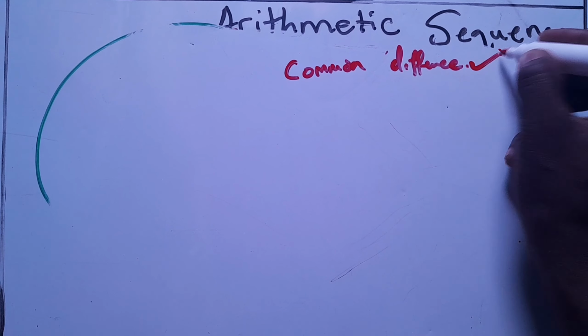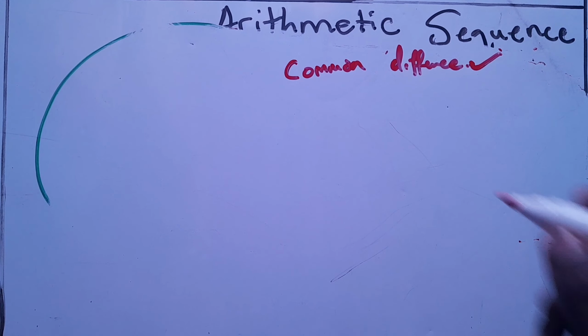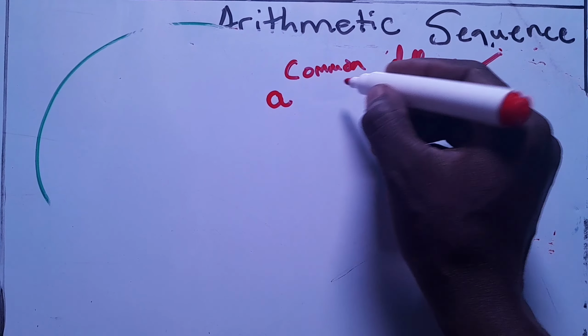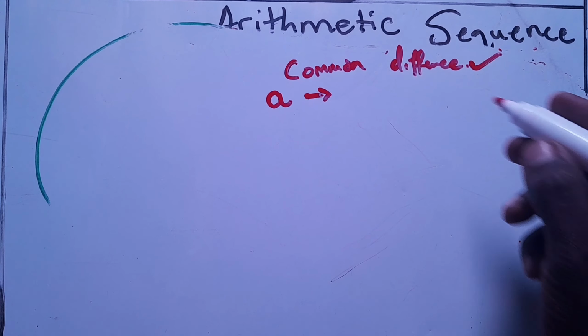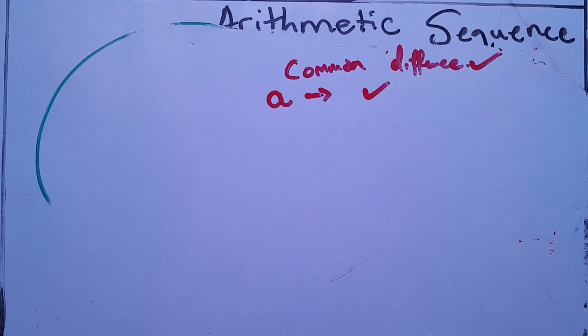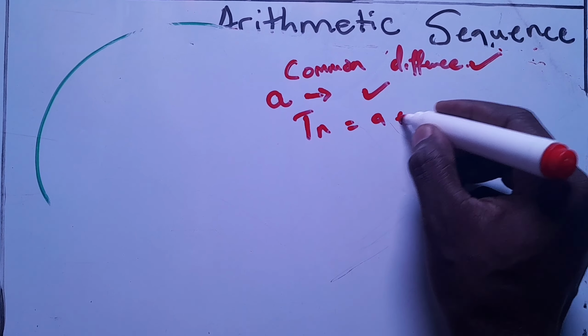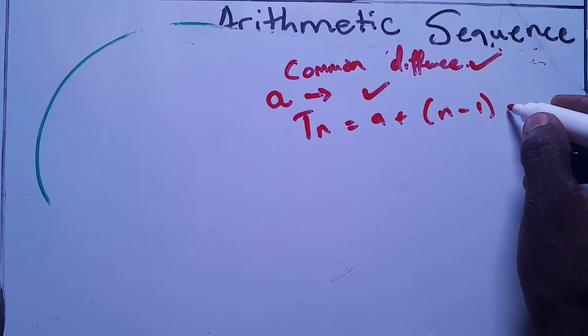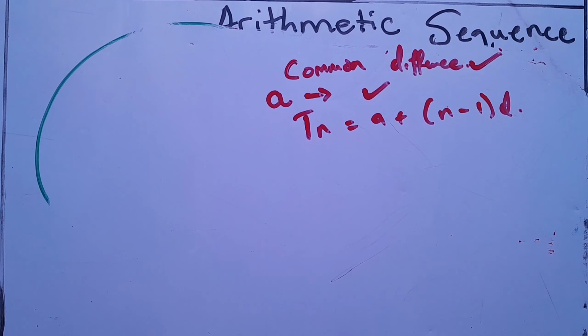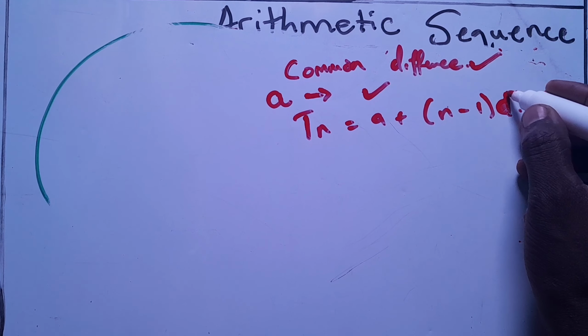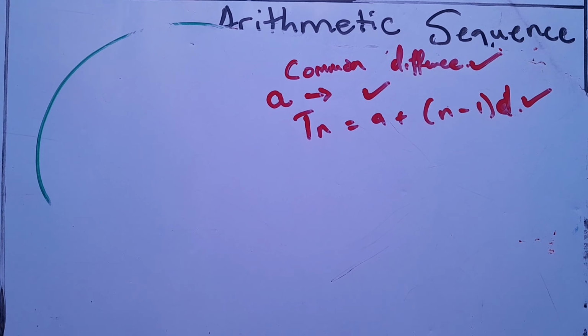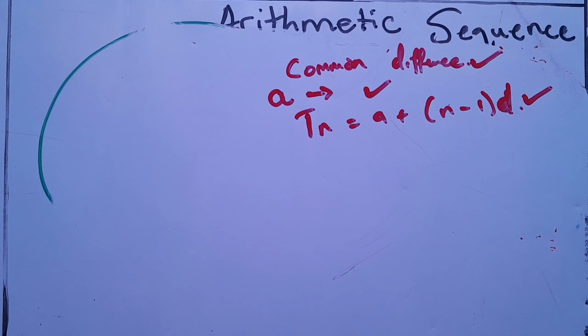So this is a property of an arithmetic sequence. And we said A is the first term of the sequence, right? So this is another property. And we also use Tn is equal to A plus (n minus 1) d. This is another property whenever we are trying to find the general formula of any sequence, right?